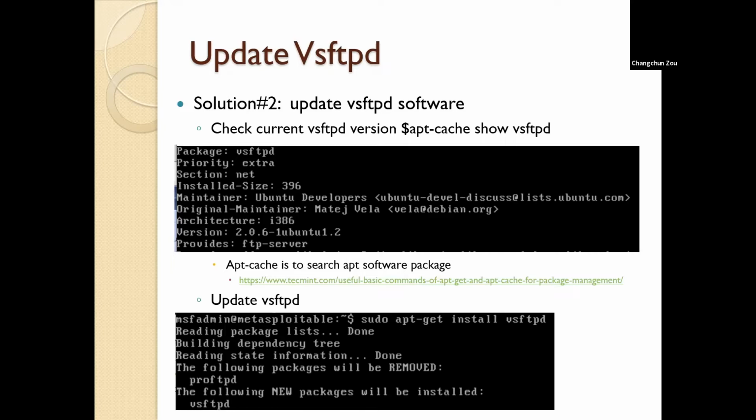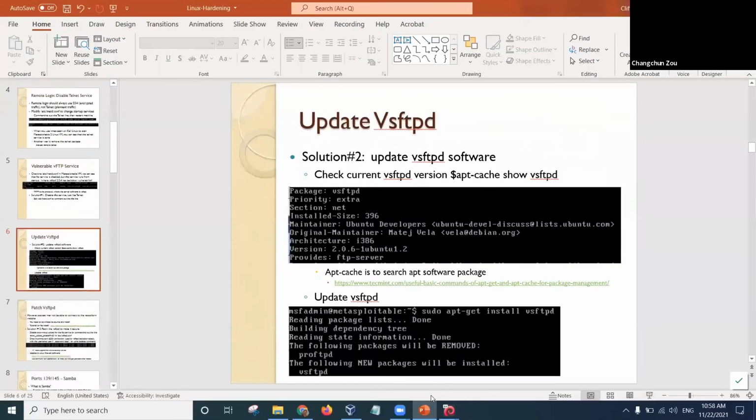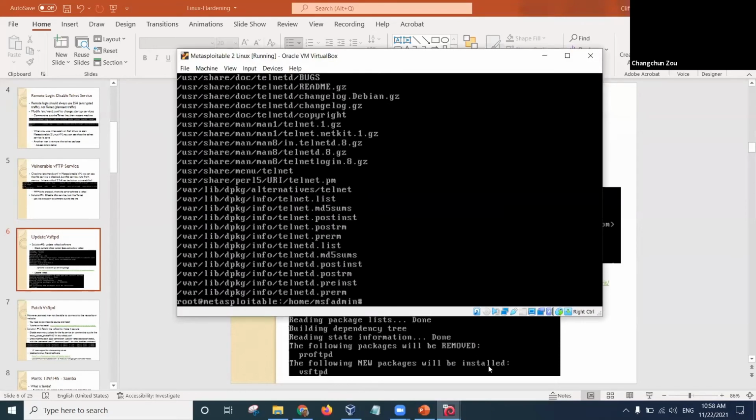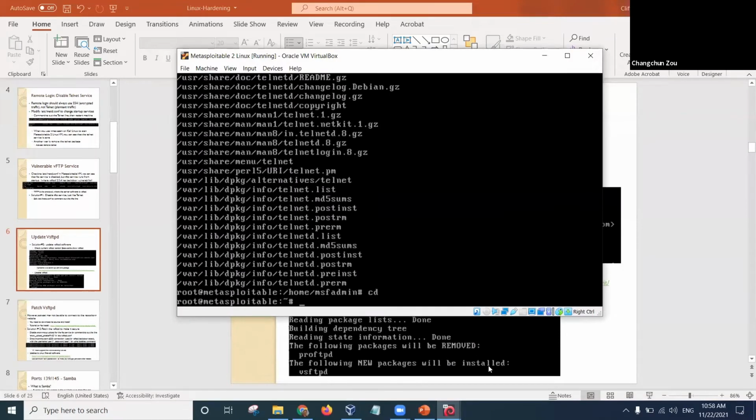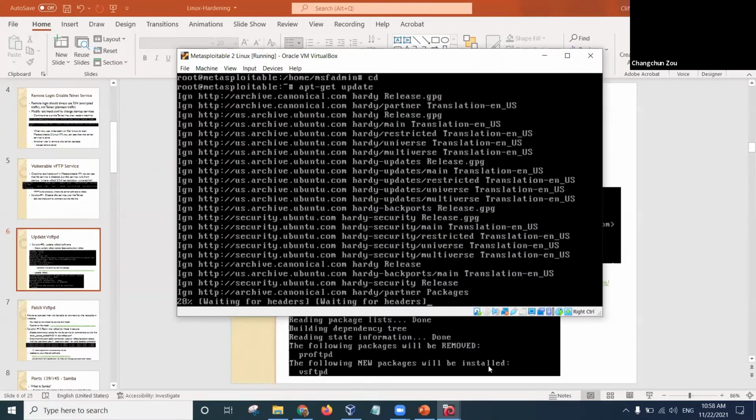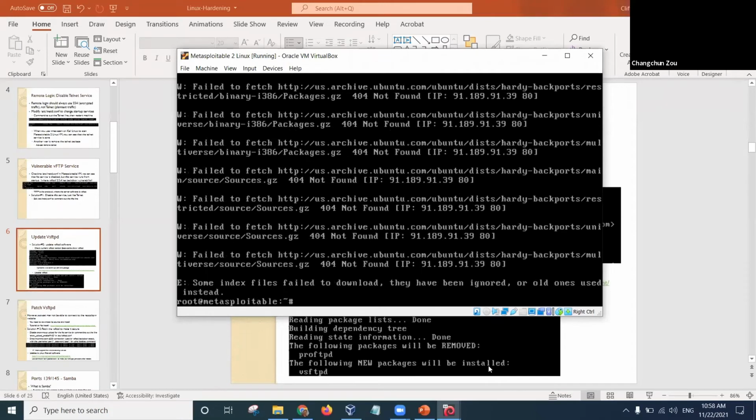It's not a traditional distribution of Linux. So if you run apt-get update, you will see an error. You can see that it fails to fetch because it's an online store.